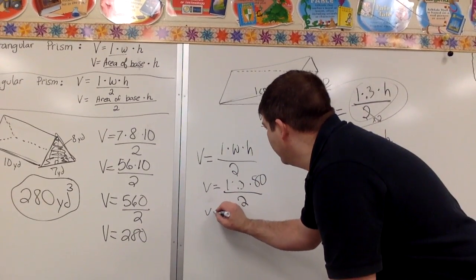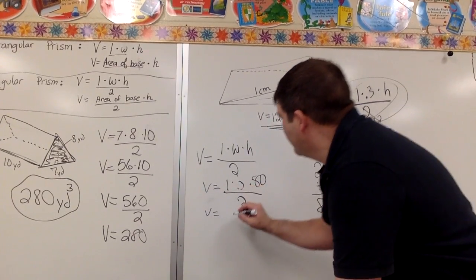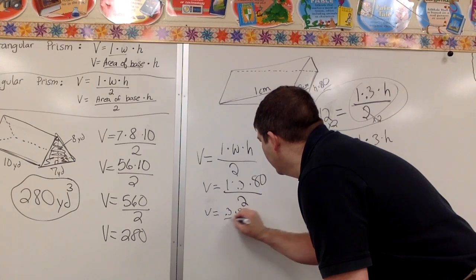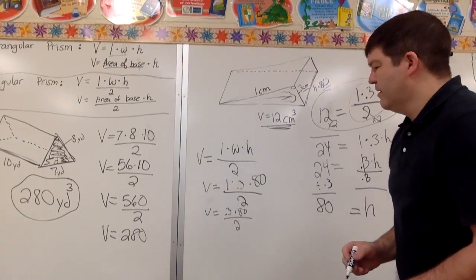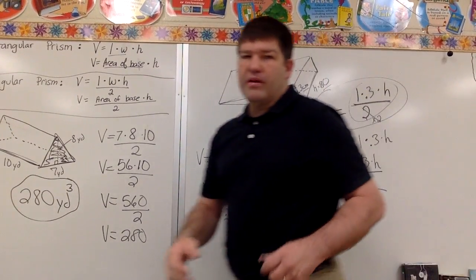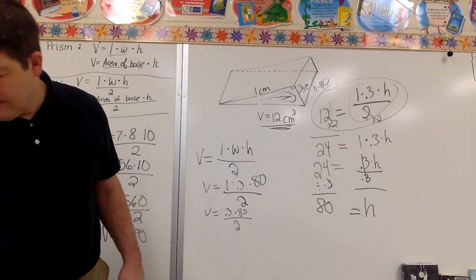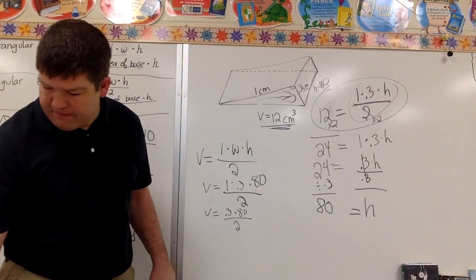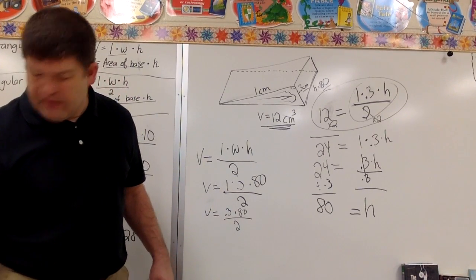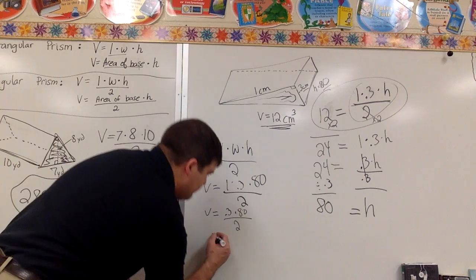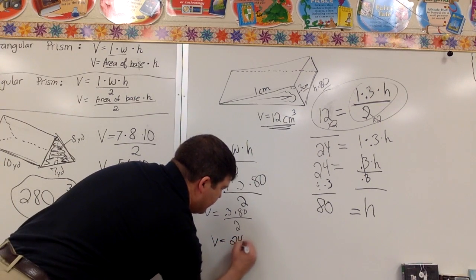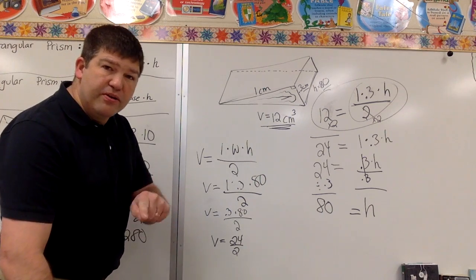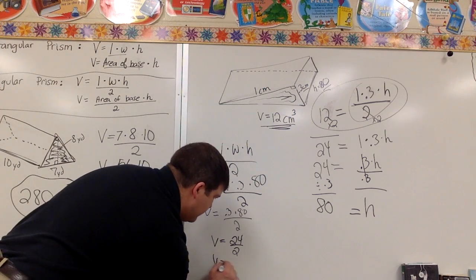Okay, volume equals 1 times 0.3 is 0.3 times 80 divided by 2. Now I'm going to do my 0.3 times 80 equals 24. So volume equals 24 divided by 2. And if I do 24 divided by 2, that's going to get me 12.